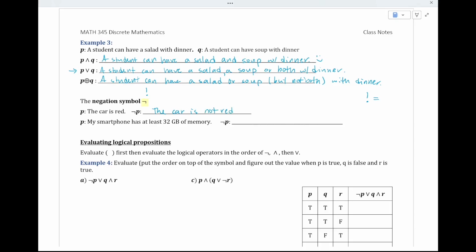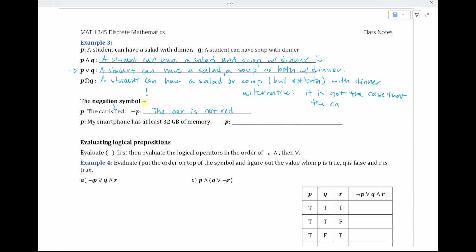So notice when I do this, I've broken up my proposition and I've added the word not in the middle of it. Sometimes it's difficult to decide where to put that not, especially if you're stringing multiple propositions together. An alternative way to express not is by saying it is not the case that, and then you write your statement without any modifications.